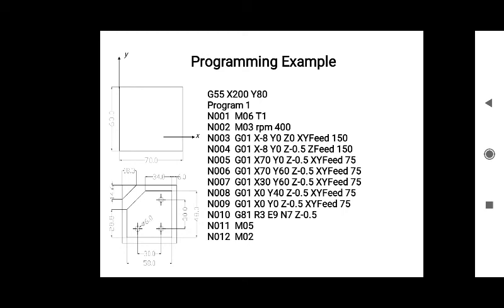That means if you want to give the cut, the spindle axis should move in the downward direction, and downward direction is nothing but minus. Okay, this is the programming for the milling operation.